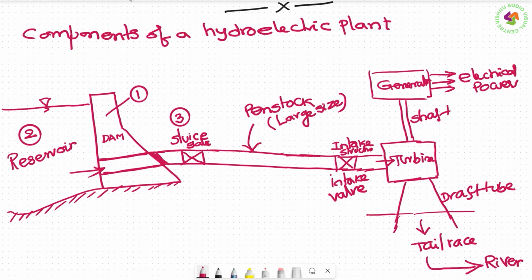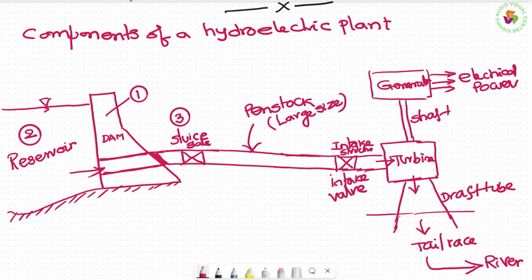After rotating the turbine, the water leaves the turbine through the draft tube into the tail race. Tail race is nothing but a tail pond where the water is recollected, and this water recollected at the tail race will be passed on directly to the river.